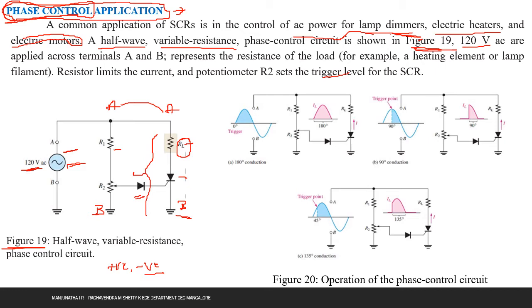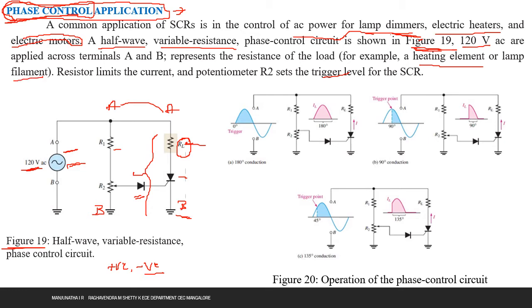For example, a heating element. So here it's a load, and after the SCR we can place the heating element, which is one of the applications, or a lamp filament.